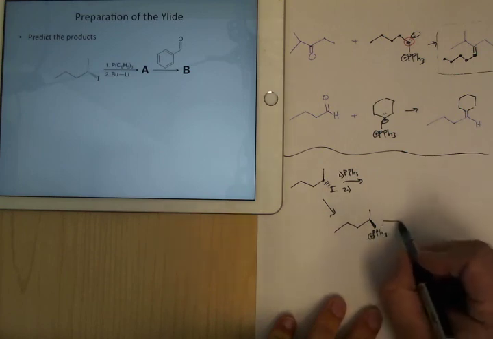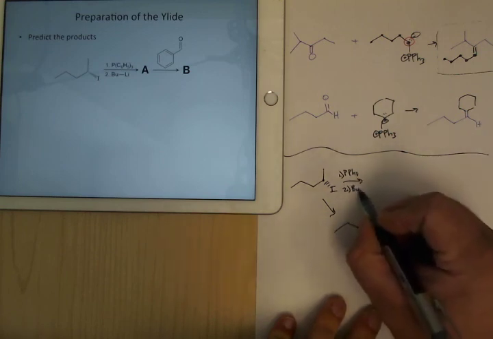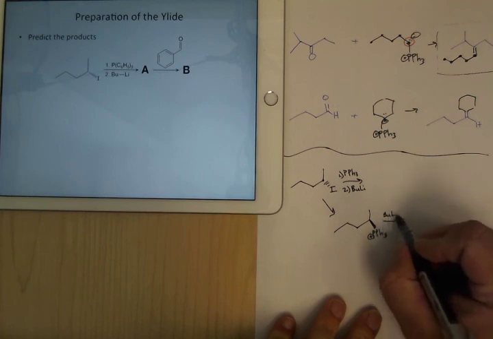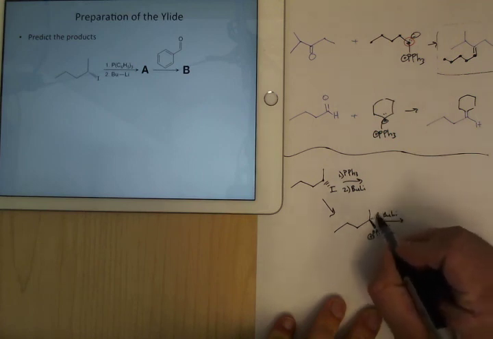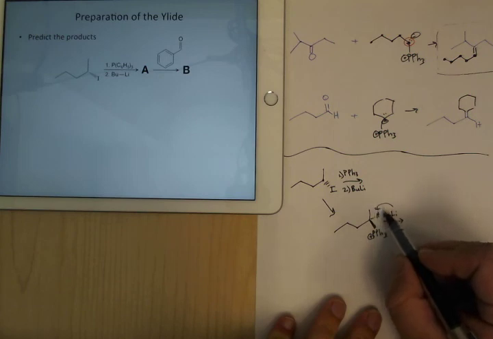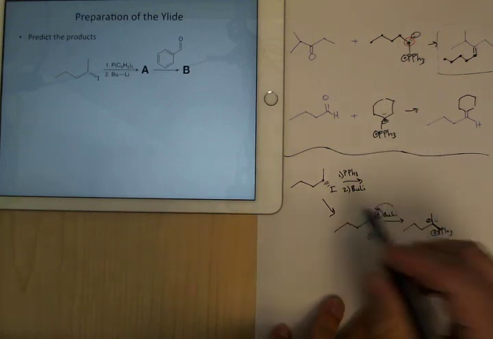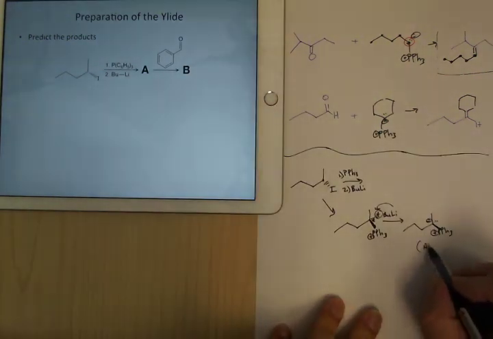Plus charge there. The butyllithium, right? It's going to take this hydrogen away to leave you with this ylide here. Okay, so this would be A here.